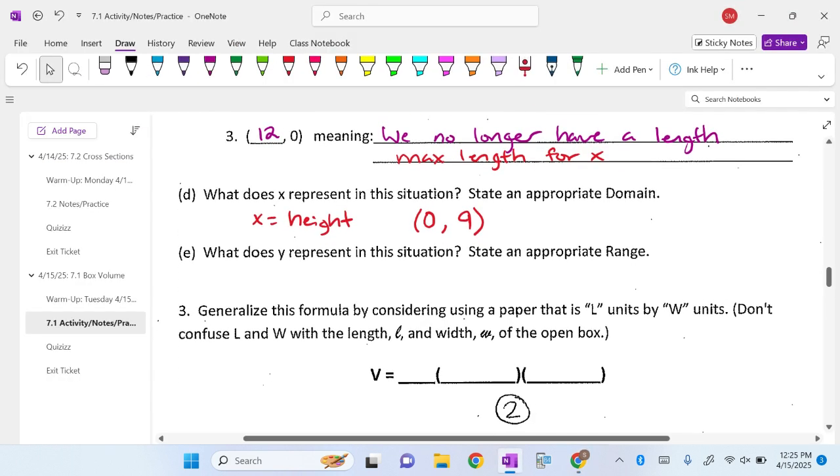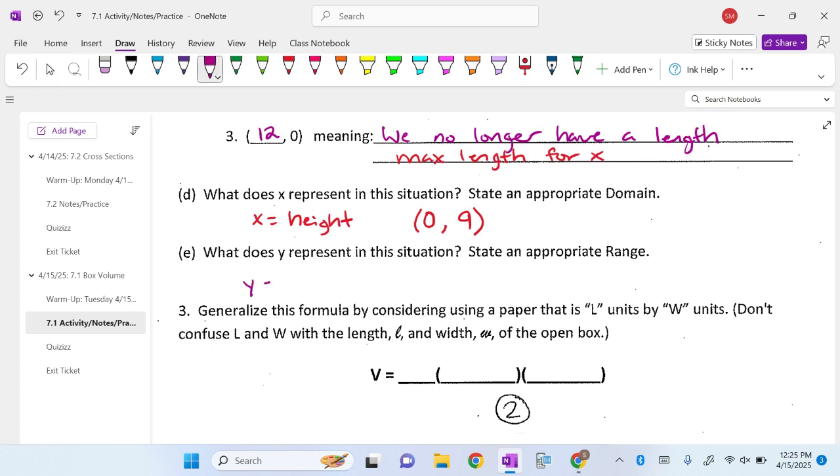Now, what do you think the y represents here? Y represents our what? What were we finding this entire time? Not the area. The volume.